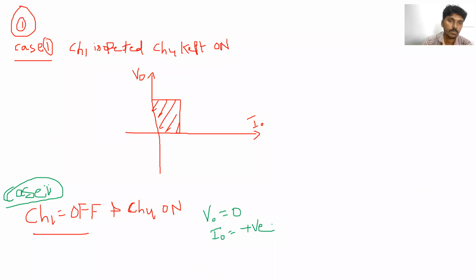So in which quadrant will it operate? Is either of the two parameters negative? Not a single parameter is negative, so it still operates in the first quadrant.